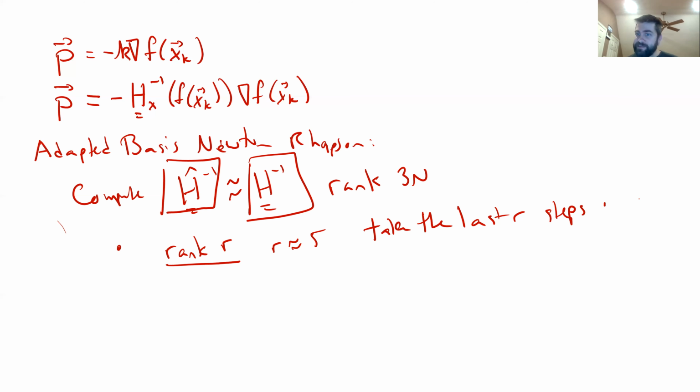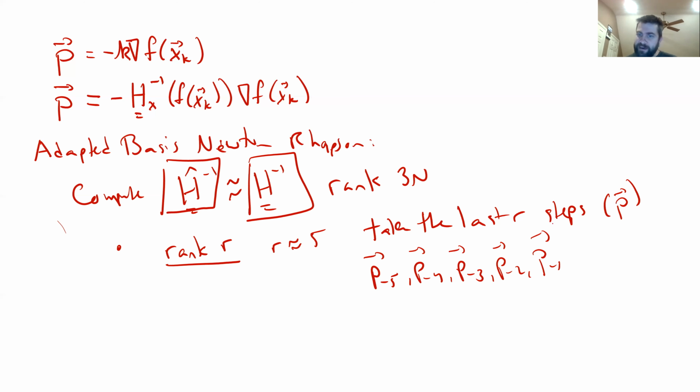That is, take the vectors P from each of the last 5 steps. So kind of we're taking P minus 5, P minus 4, P minus 3, P minus 2, and P minus 1. Right?